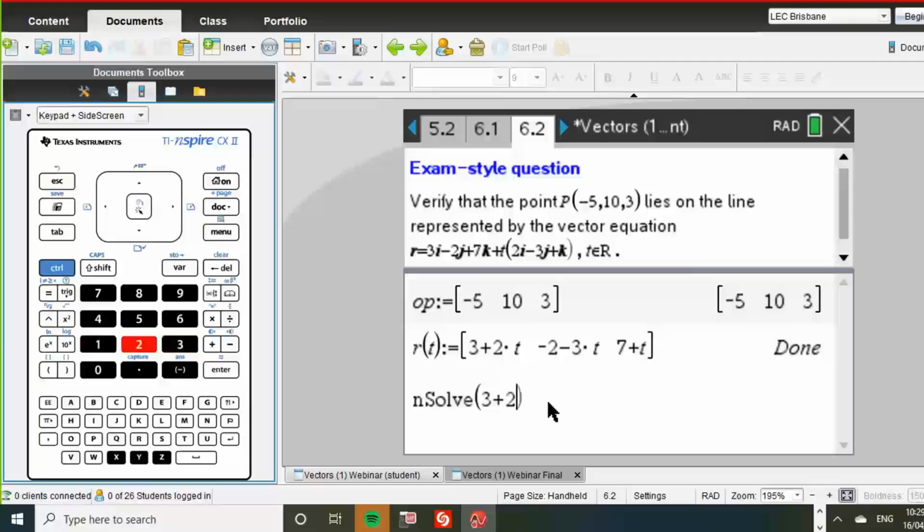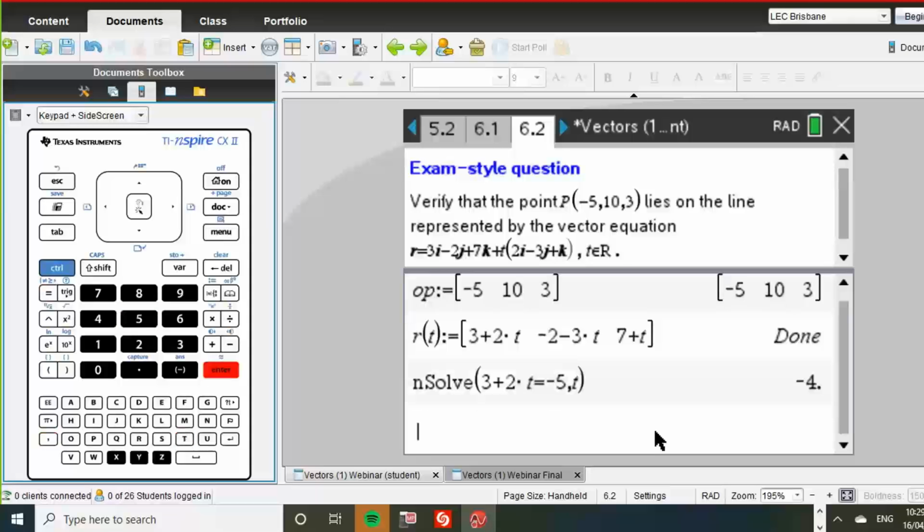We want to solve 3 plus 2t equals -5 for t, and we get a value of -4. So t equals -4.